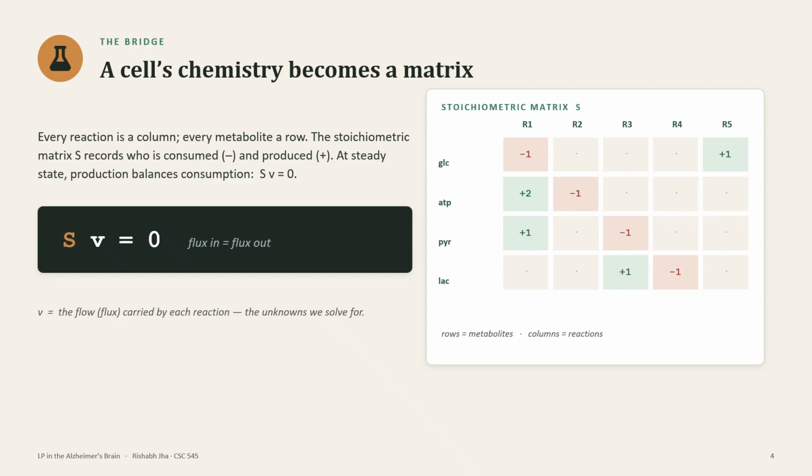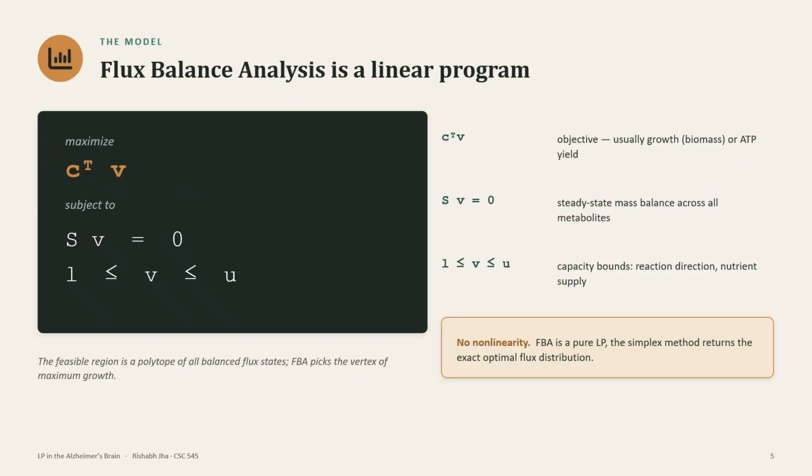Now let's see this flux-based analysis as a linear program. It is maximize C transpose V. C selects the reaction we care about. For example, for microbes, it selects biomass, so we choose maximization of their growth.